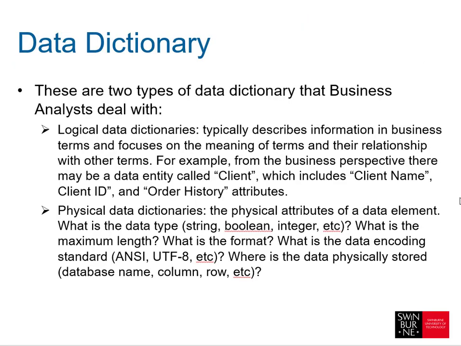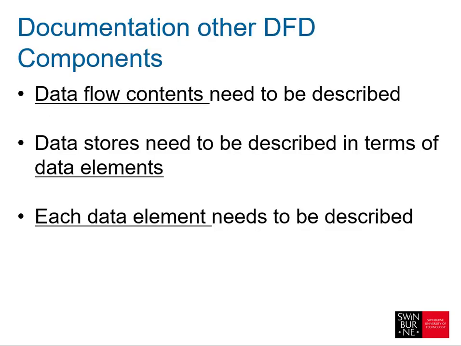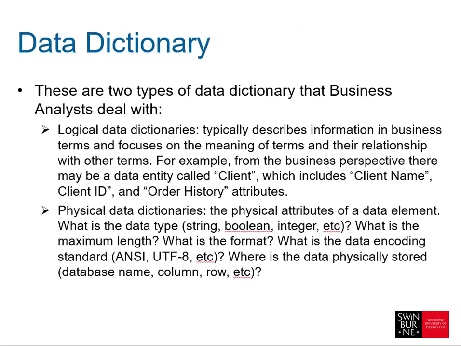So we need to now create a data dictionary, right? Once we have identified all the elements, we need to now create the data dictionary. We can create data dictionaries in two ways. We can create a logical data dictionary, or we can create a physical data dictionary. Logical data dictionaries basically describe the logical flow of information in your processes.